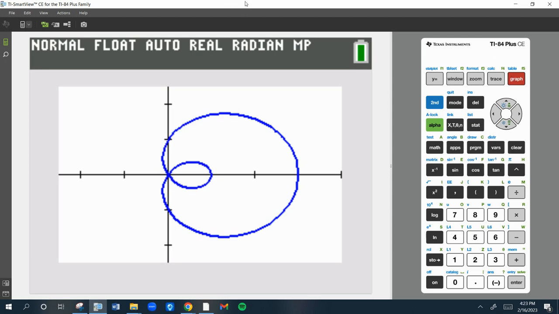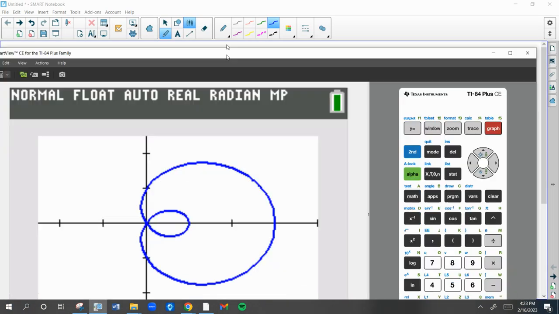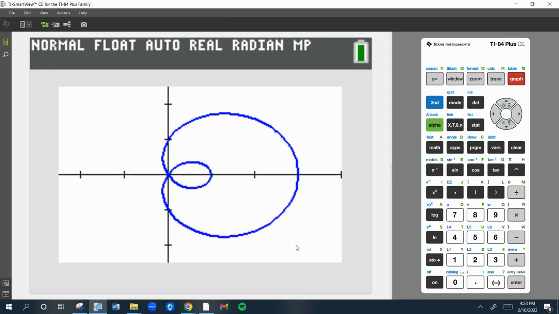So what we're saying is that this graph is undefined at theta equals pi. So I have to figure out where pi is. It's probably right here or right here, because that's where it looks like it has a vertical tangent line. To verify where pi is, you can use your calculator.